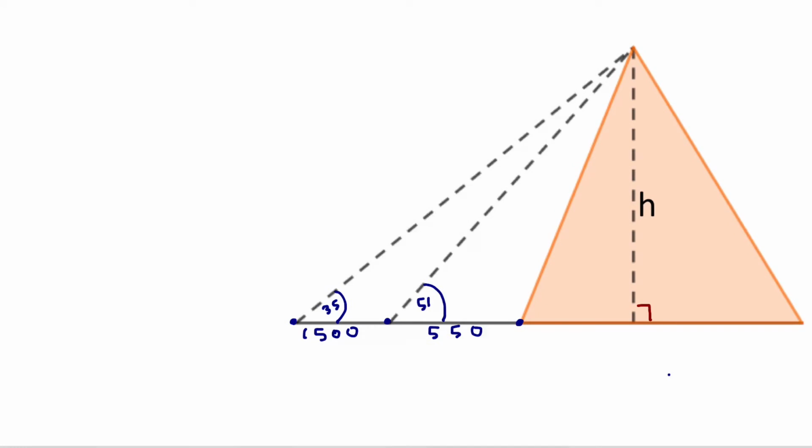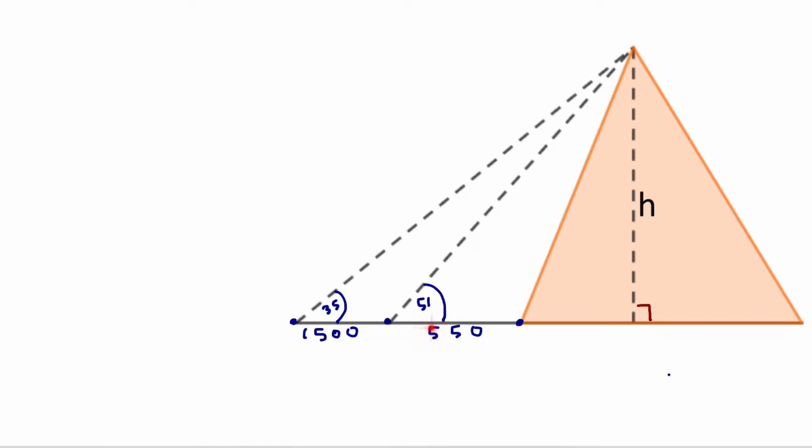What I see is that this one side is the hypotenuse of this big right triangle here that contains h as one of its sides. I know this angle is 35, this angle is 51, so I can find this angle because this is a straight line, a 180-degree angle.